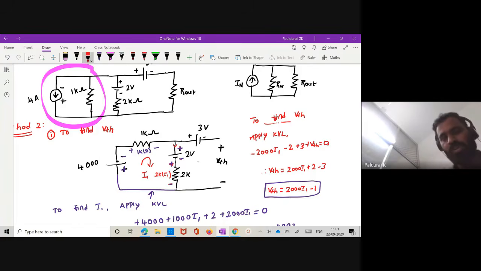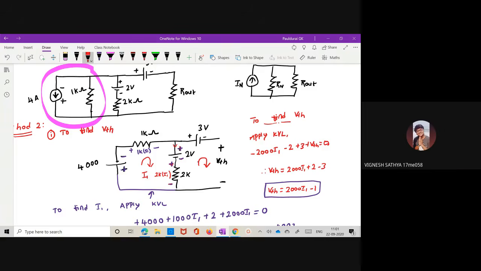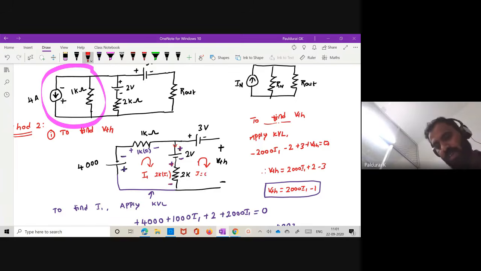What am I going to do? Simply I am going to apply KVL at this loop. The current flowing in this loop is 0, but what is the current flowing here, because of this loop, this current is I1. Okay, so I took this current as I1.